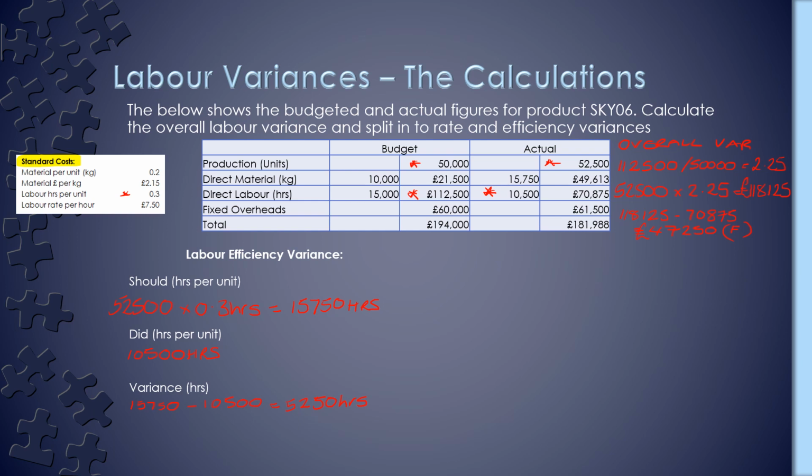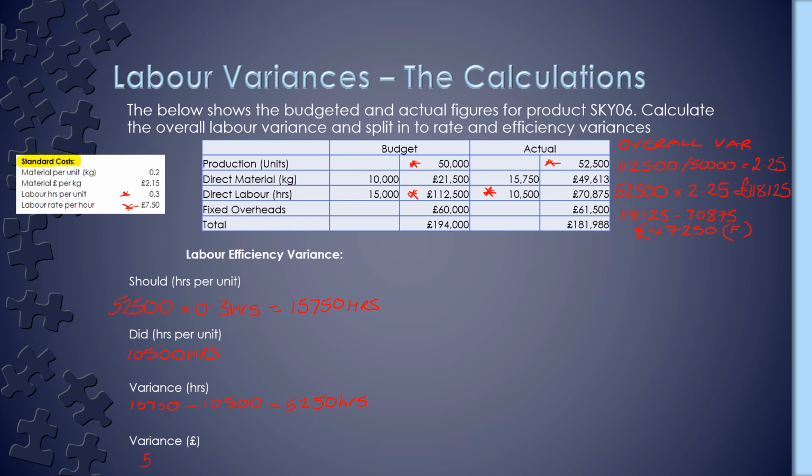we need to put that into a price, into a value. So we're going to then multiply it by the labour rate that we were expecting.